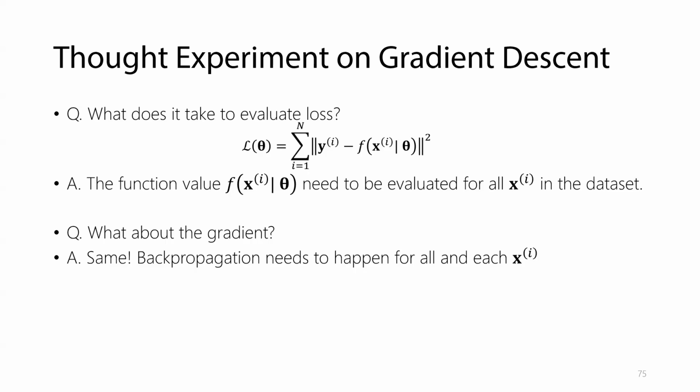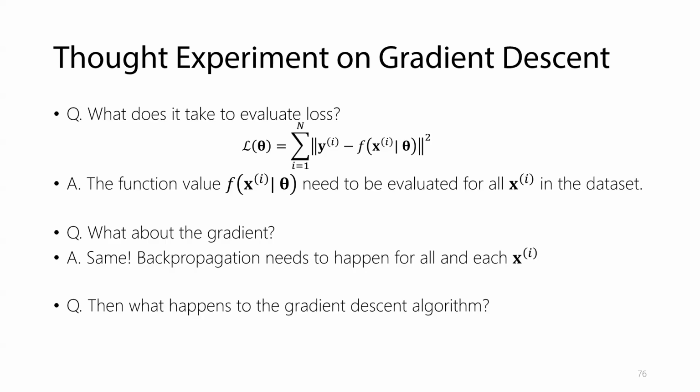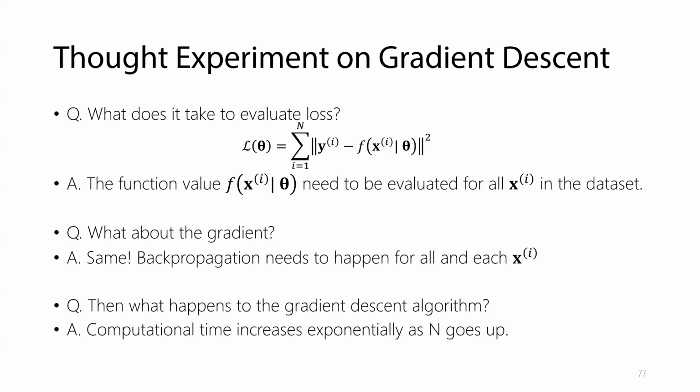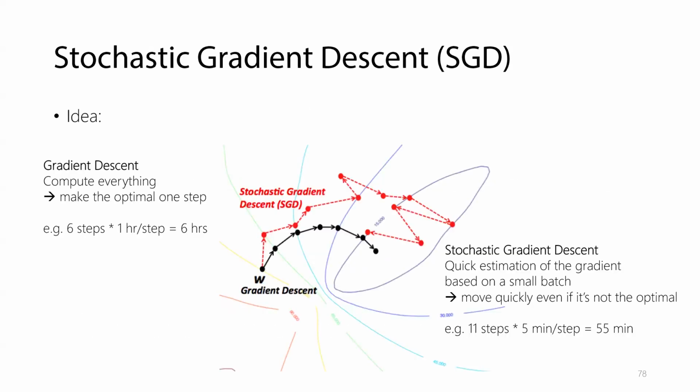And then after that, you need to back propagate over each and every image, because each and every image defines a term in the loss function. So in terms of evaluating the gradient descent, this is going to be a nightmare. So how do they actually do that? This is where the idea of stochastic gradient descent comes in.